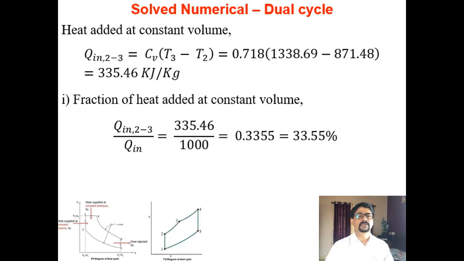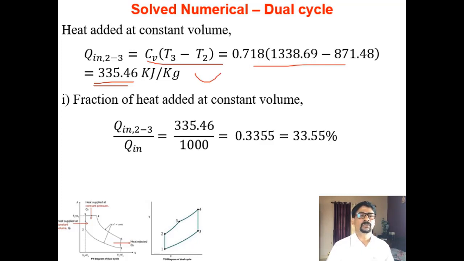Now let us find the heat added at constant volume. Cv into (T3 minus T2), so 0.718 into (1338.69 minus 871.48), we get 335.46 kilojoules per kg. The first answer to find is the fraction of heat added at constant volume, which is why we calculated this Q in 2 to 3.